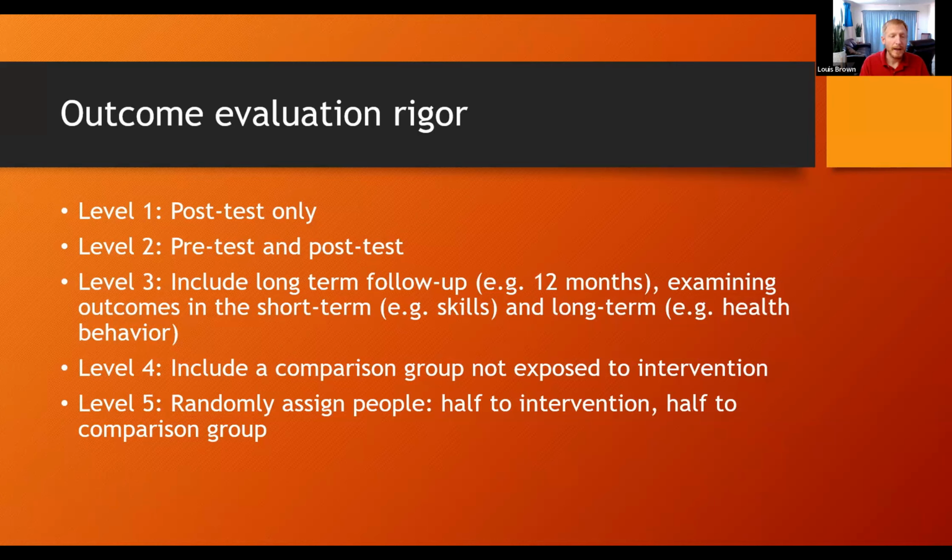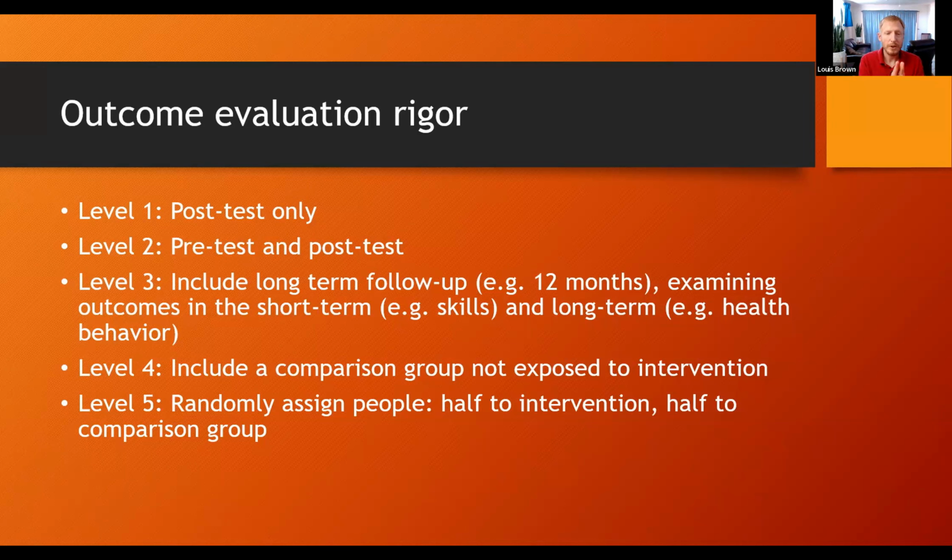Okay, and so finally, level 5 is the use of random assignment. So you've probably heard of randomized clinical trials, and this is a way of creating a comparison group that's more rigorous than just picking two groups you think are roughly equal.